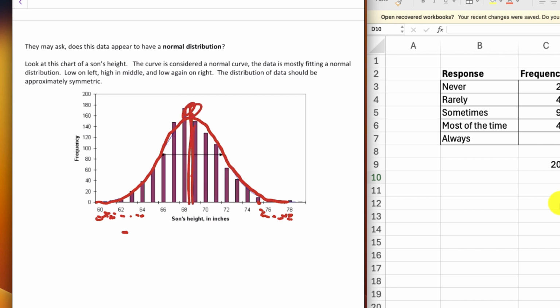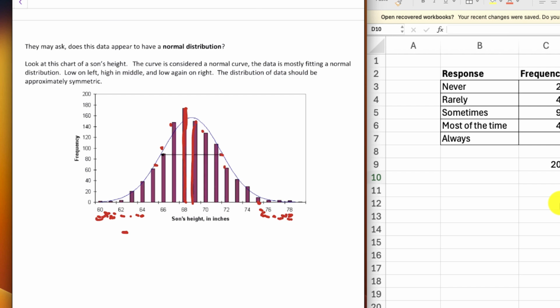And then the highest point is right in the middle there. That would be the highest value right in the middle, right? And you can see that this doesn't exactly happen for us, that highest value isn't in the middle, but it is right off the middle. That is okay. It's still pretty symmetrical as you go back and forth, right?